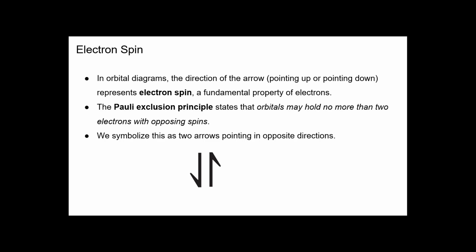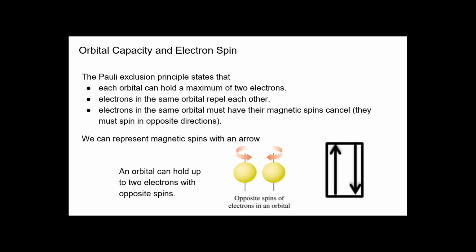So remember I told you each orbital can only hold 2 electrons? When you place the electrons in, and there are 2 of them, they have to be in opposite directions. This is called the Pauli exclusion principle, and it states that orbitals may hold no more than 2 electrons with opposing spins. If you put both in the same spin, it's a very unstable atom, and it's not going to last that way for long. It will try to get rid of that excess energy. So, orbital capacity and electron spin: the Pauli exclusion principle states that each orbital can hold a maximum of 2 electrons.